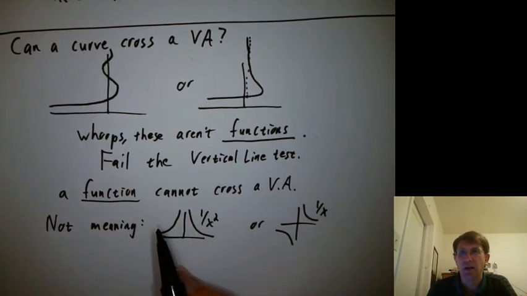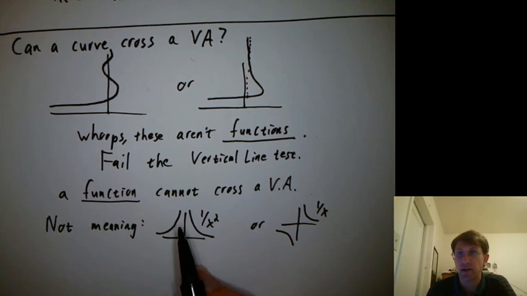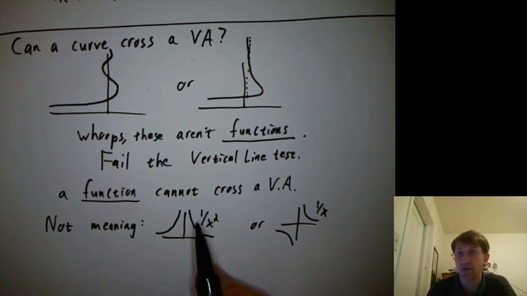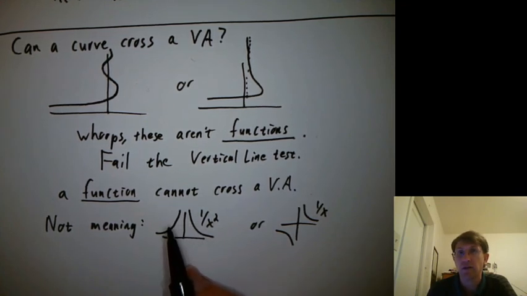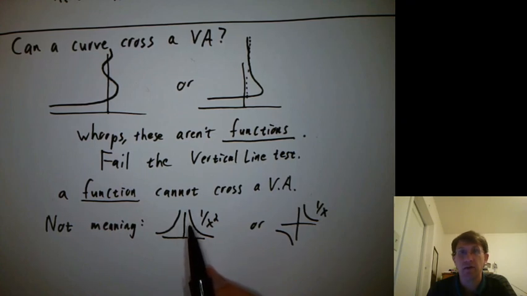Those you might say, well, I crossed the vertical asymptote, like I didn't hit a brick wall, there were still values over here, but the function didn't try to be equal to the x value of the vertical asymptote and then come back to it. There was no y value at the x value of the vertical asymptote. Okay.